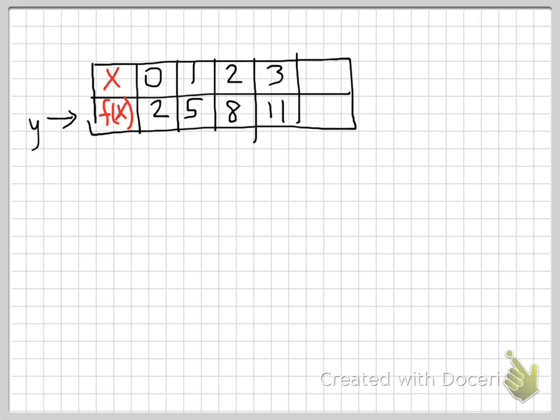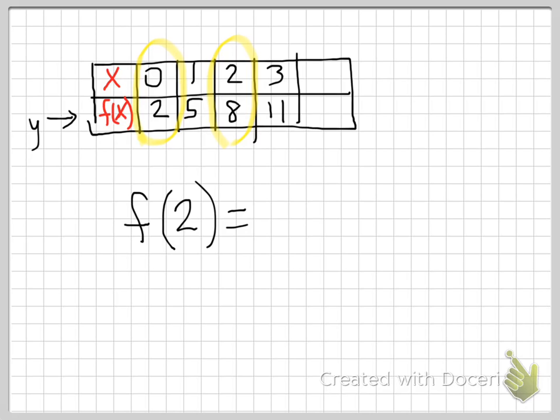Okay, so if I ask you, and this would be a typical question, find f of 2, the most common error is that students don't know if it's this or if it's this. Is it when f of x is 2 or is it when x is 2?